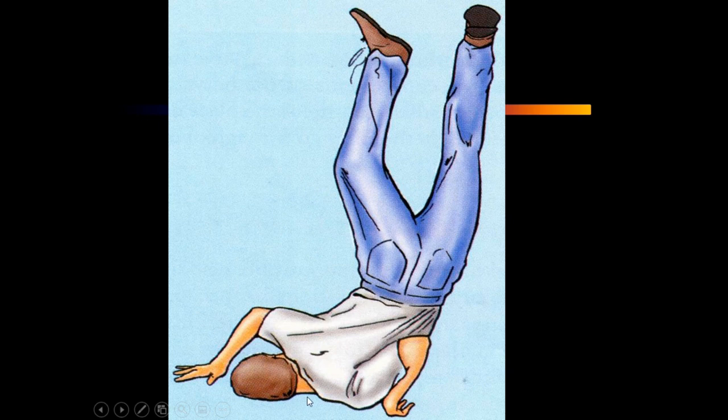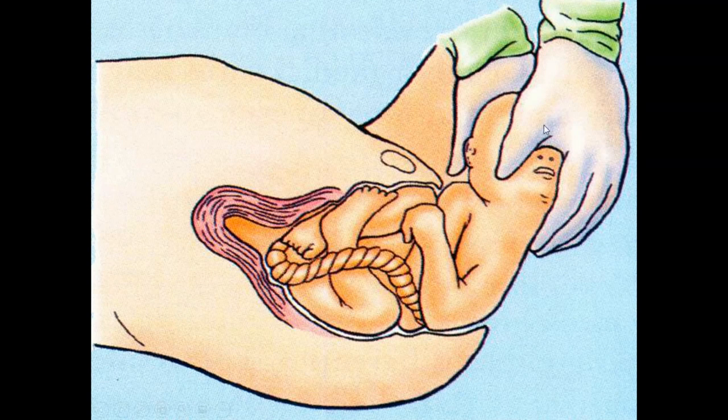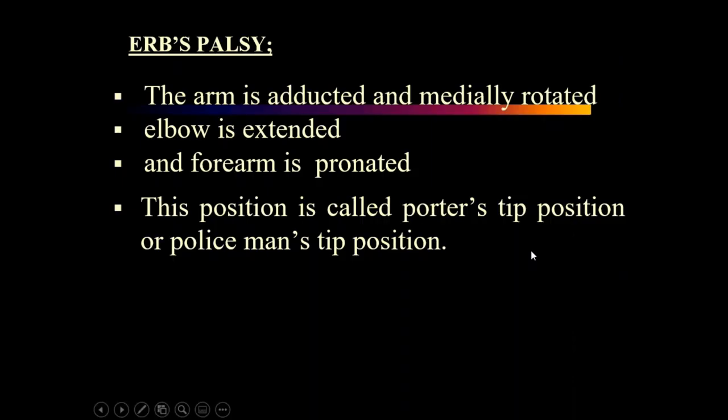So it may injure Erb's point of the brachial plexus. In birth injuries, when the obstetrician is holding the hand and trying to deliver the baby by increasing the angle between the neck and the shoulder, Erb's paralysis may happen.